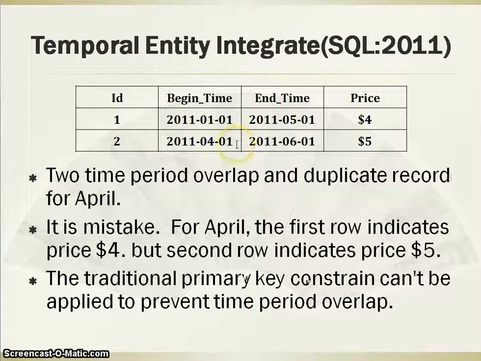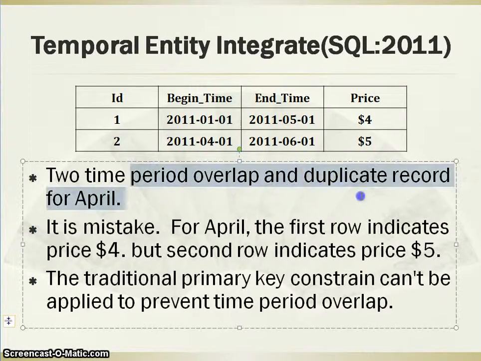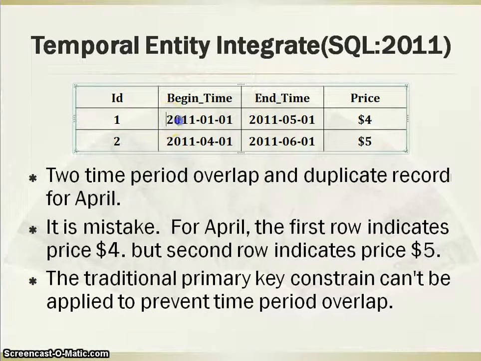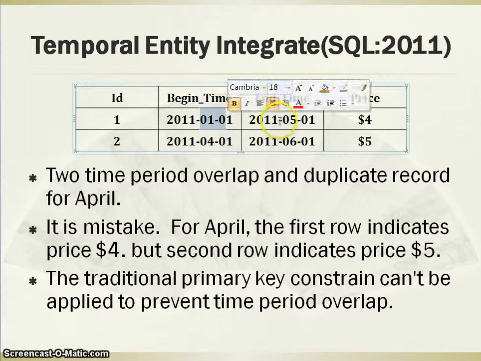And the second part, temporal entity integrity. This one you can see in this simple example. 2 time periods overlap and duplicate records for April. It means that the first record begins from January to May.